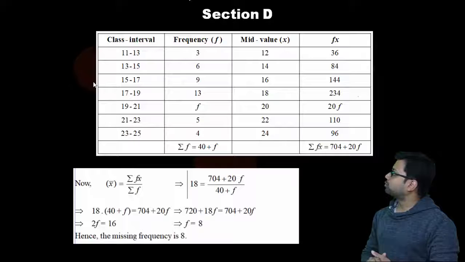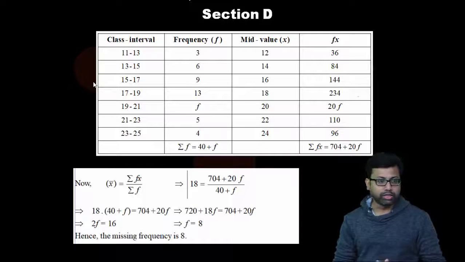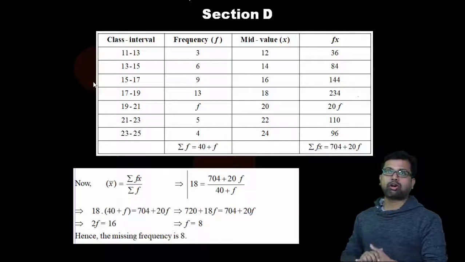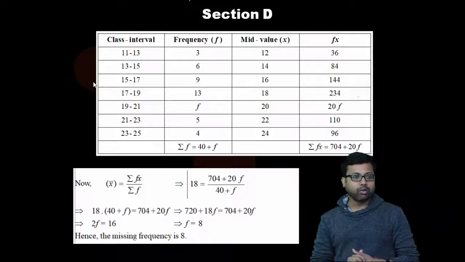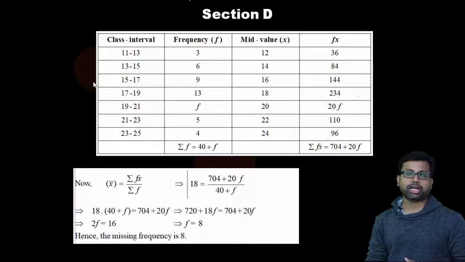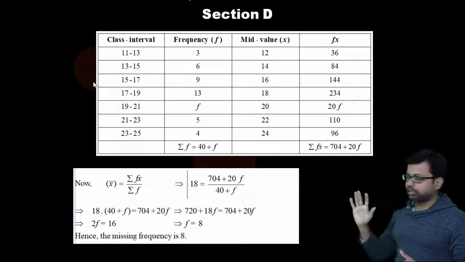So for the first class, which is 11 to 13, the mid value is going to be 12. Similarly, for the second one, it's going to be 14. So we need to make an additional column in the given set of data, which will give you the mid value for each of the class intervals. So you have 12, 14, 16, 18 and others.